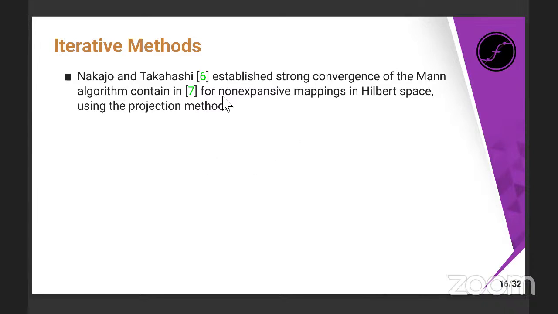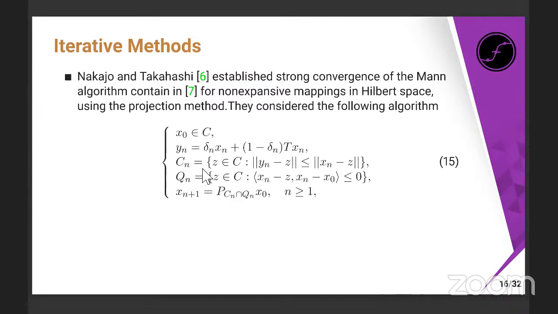In order to obtain strong convergence and relax many conditions, Nakajo and Takahashi introduced a strong convergence iterative method for the Mann iterative algorithm, and this is what they obtained. They call it the CQ algorithm, where Cn and Qn here are half spaces, and they define their algorithm as a projection of the initial point onto the intersection of these 2 half spaces.